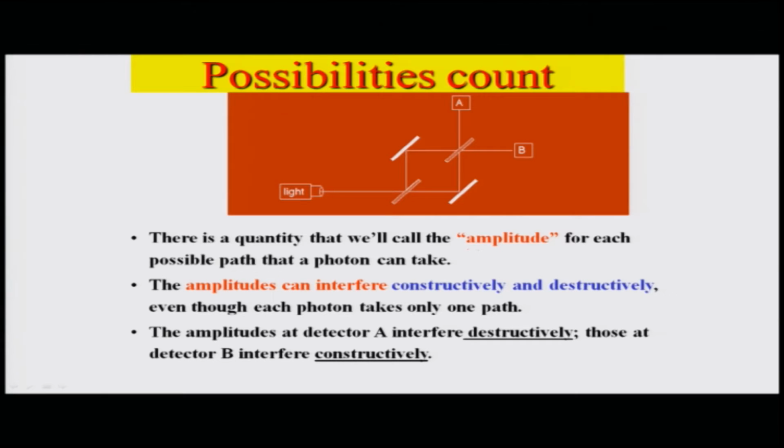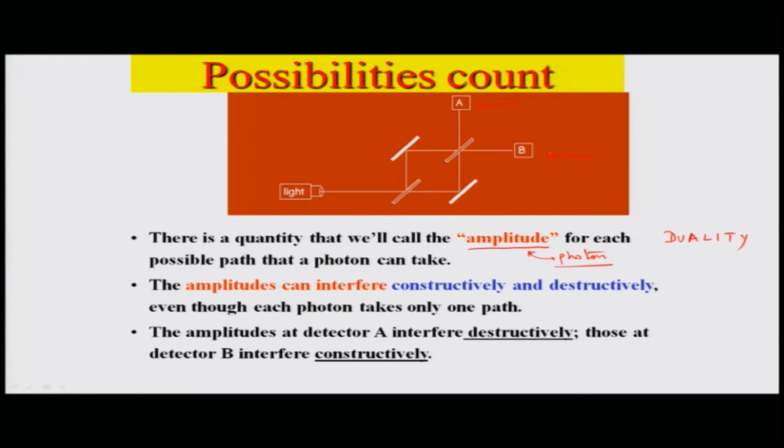So, we have this concept of an amplitude for each possible path that a photon can take. This is where we are bringing in the duality picture, where we are saying that the particle, the photon, is associated with an amplitude. Now, if we do that, then the amplitude can constructively or destructively interfere at the beam splitter, even though each photon can take only one path.